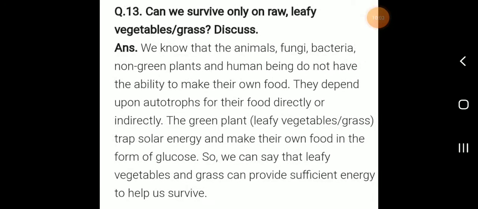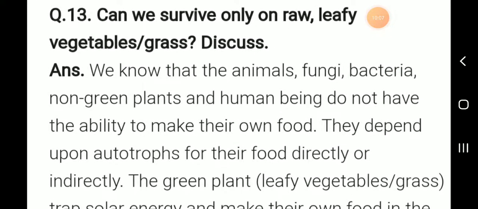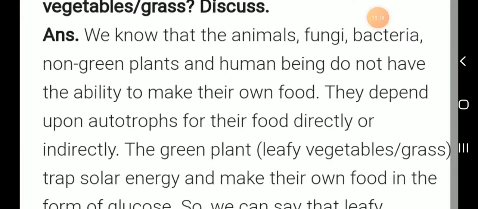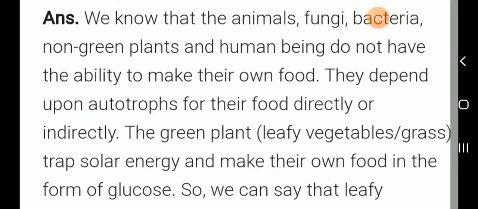Next one: can we survive only on raw leafy vegetables or grass? Discuss. We know that animals, fungi, bacteria, non-green plants and human beings do not have the ability to make their own food. They depend upon autotrophs for their food, directly or indirectly.